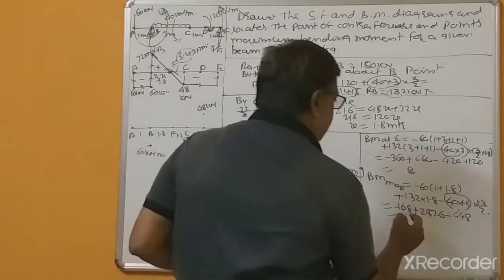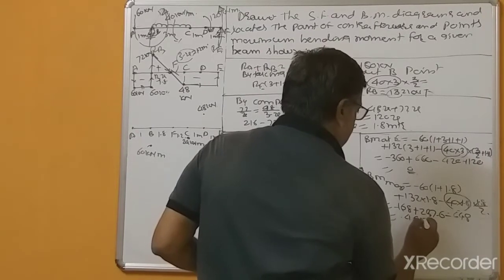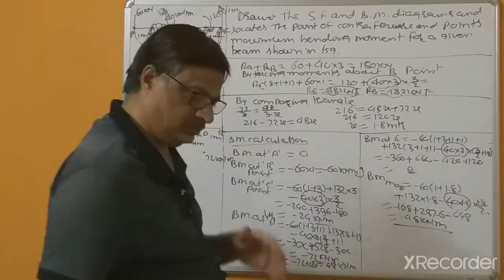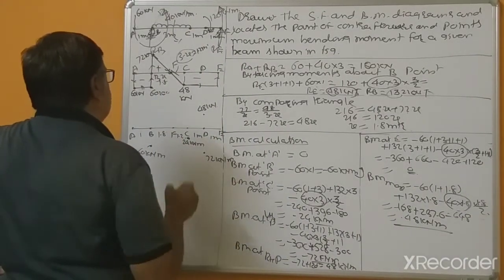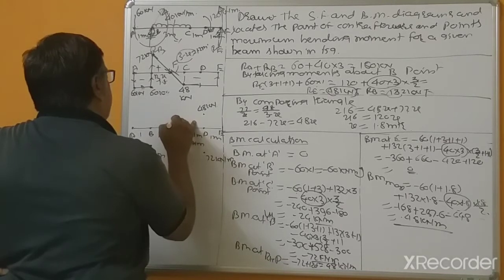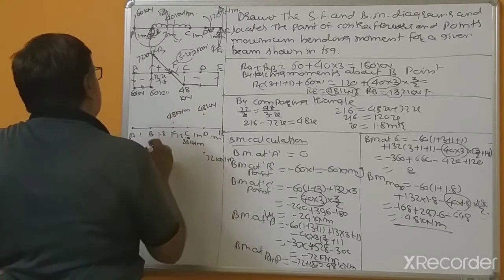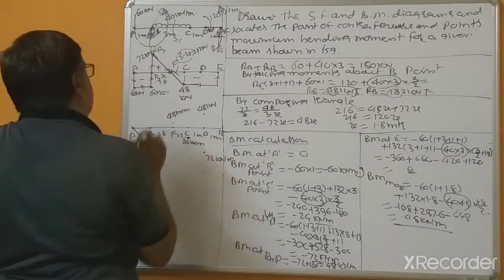This is equal to minus or plus 4.8 kilonewton meter. So that's why this is 4.8 kilonewton meter. This is a straight line and this is a uniform distributed load.